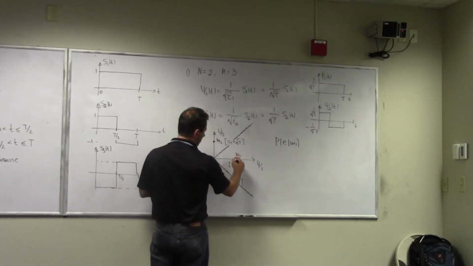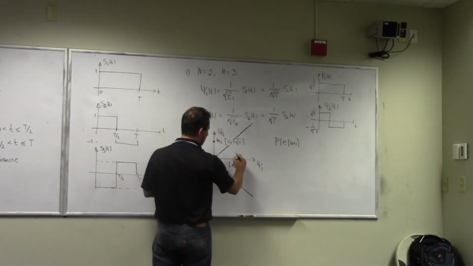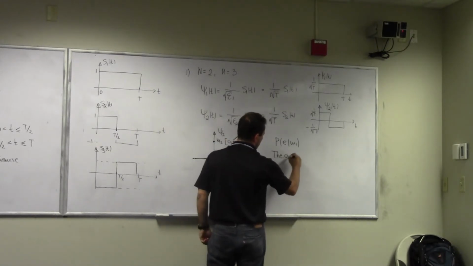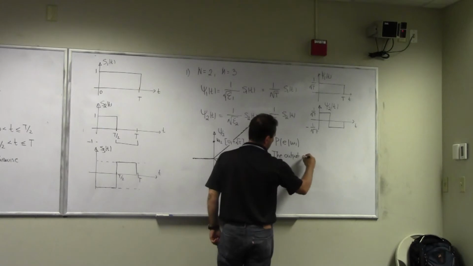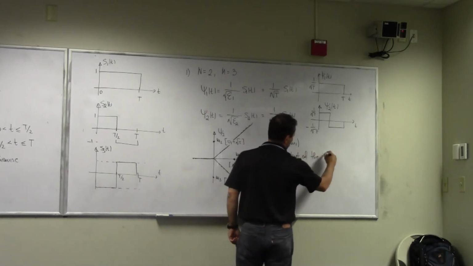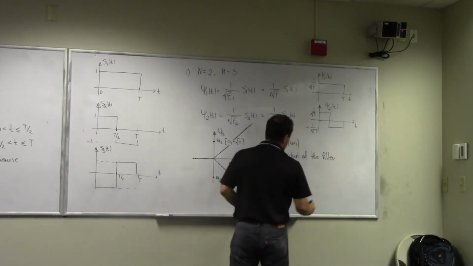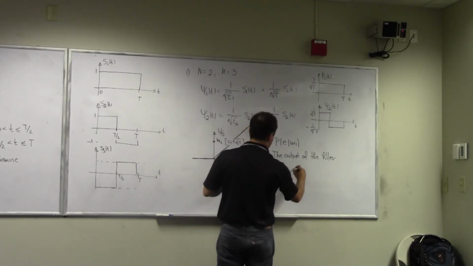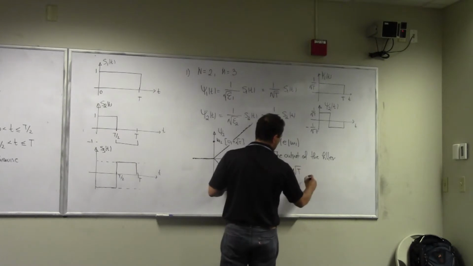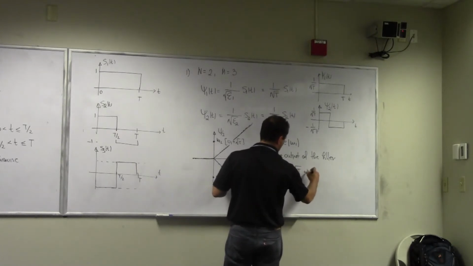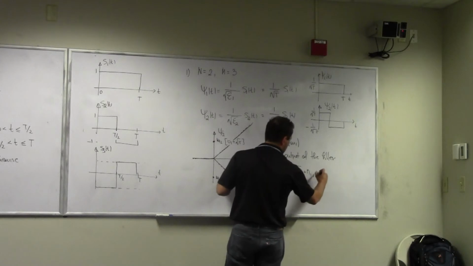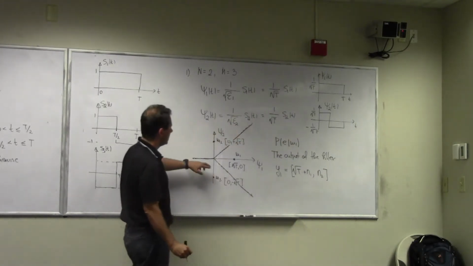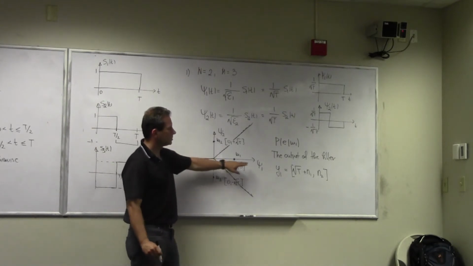I'm going to get a constellation point, the output of the filter. Y1 is going to be square root of T plus N1, and Y2 is N2. So I'm going to take the signal and project it along these two axes.